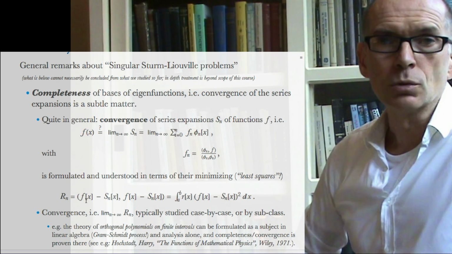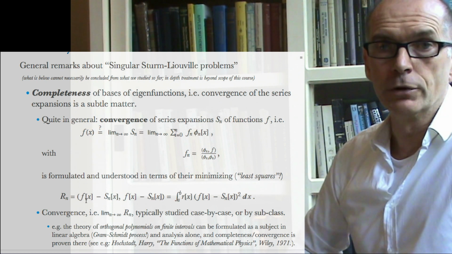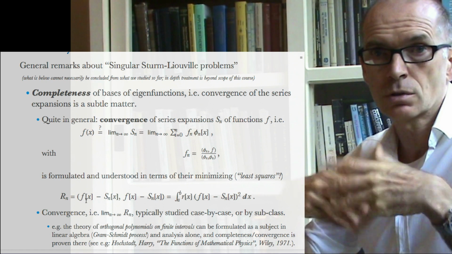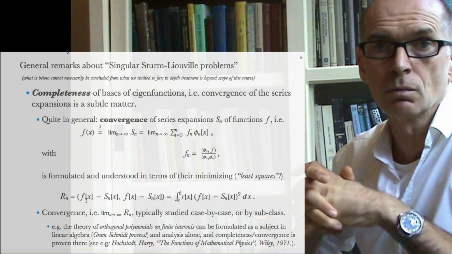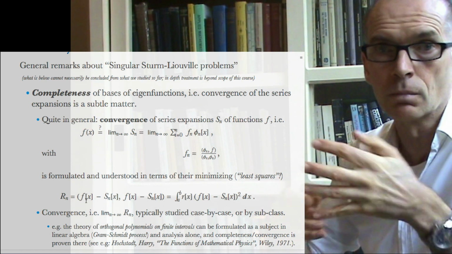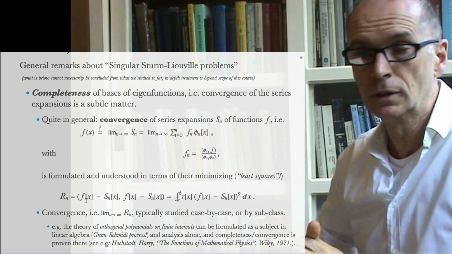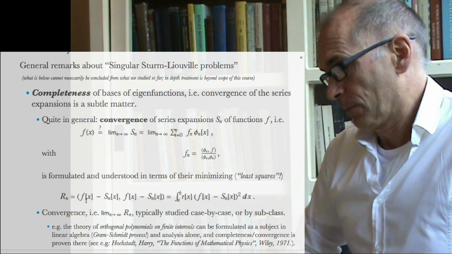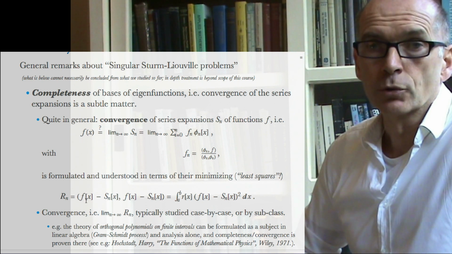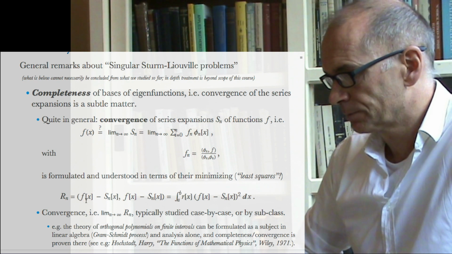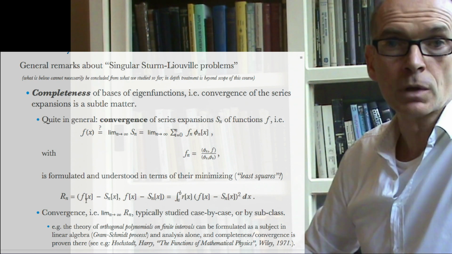Now, sometimes students ask me for further reading. They find the subject interesting. Sometimes I get requests, Professor, do you have additional books that we can use to learn more about this? Now, a nice book to learn more about orthogonal functions, orthogonal polynomials, and that has the proof of convergence and completeness, is a book by Hochstadt, 1971, The Functions of Mathematical Physics.